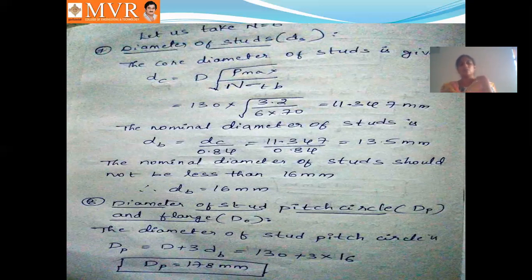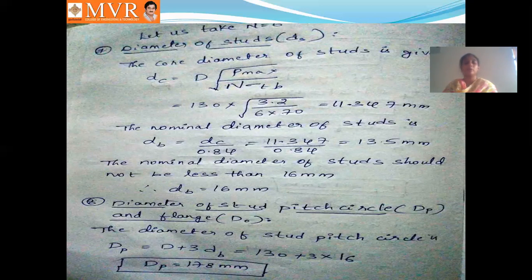DC is 11.347 by 0.84, which is 13.5 mm. The nominal diameter of studs should not be less than 16 mm. Then dB is equal to 16 mm.